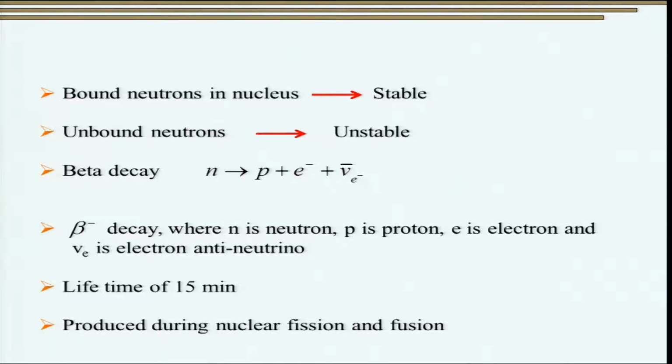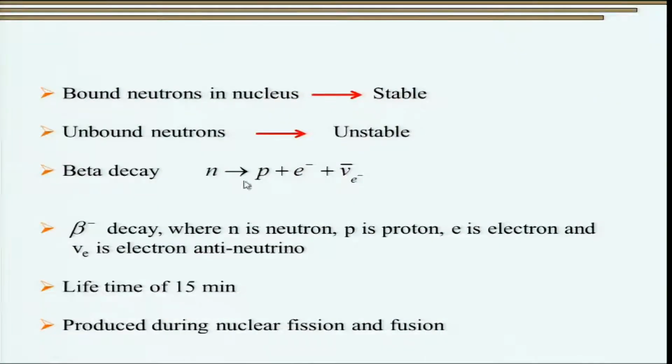In a beta decay, a neutron gets transformed into a proton, an electron and an electron antineutrino. Let us not get into nuclear physics, but for the time being, understand that it is not possible to have unbound neutrons as a source for carrying out neutron diffraction or neutron scattering experiments.